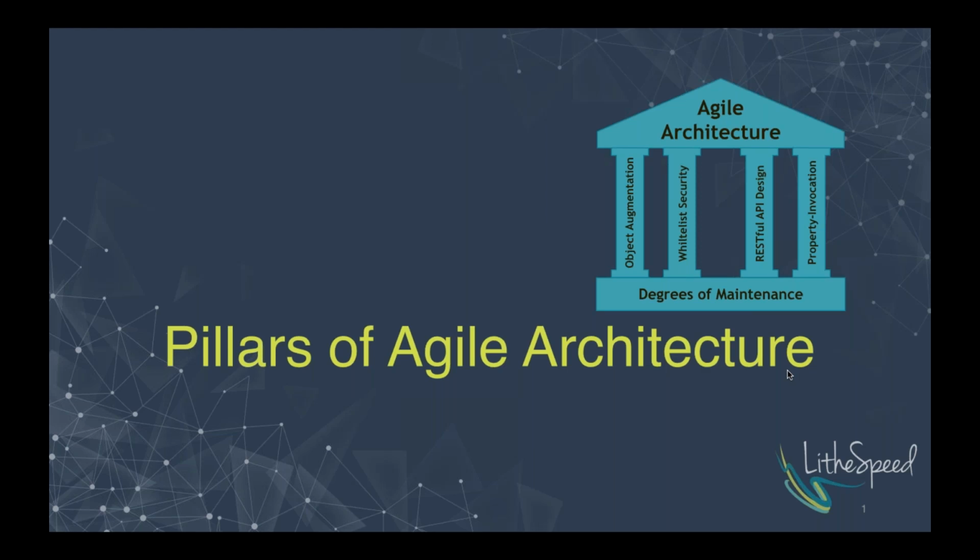And having the right code structure can make all the difference in the world in being able to achieve some of the goals that we wish to do. I put it all together in what I used to call my pillars of Agile architecture. And there's about 5 different parts of this that we'll cover today.